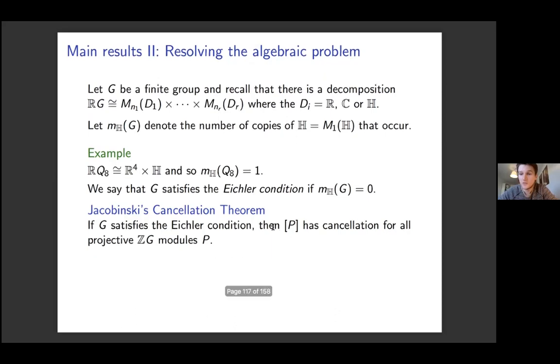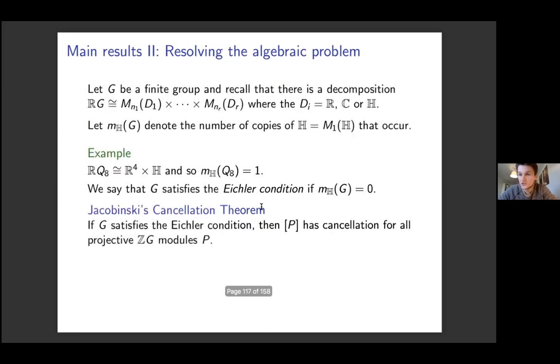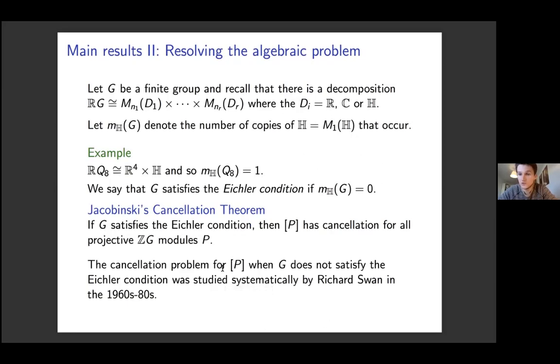So in order to determine when this class has cancellation, and hence determine the cancellation problem for 2 complexes, it should suffice to just plug in all the groups with 4 periodic cohomology into the results of Richard Swan. However, unfortunately, you can't do that because the results of Swan aren't sufficiently general to include those cases. So therefore, I had to write some more papers. I had to solve this problem myself. So the project kept growing, basically.